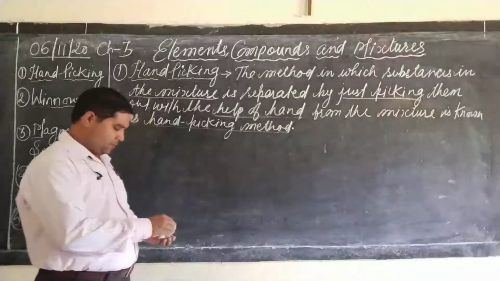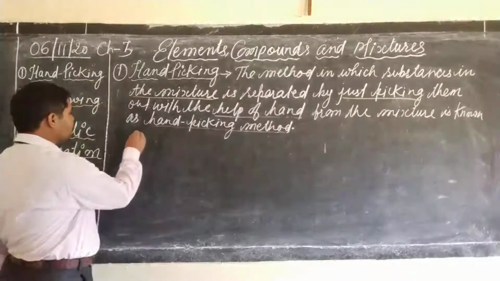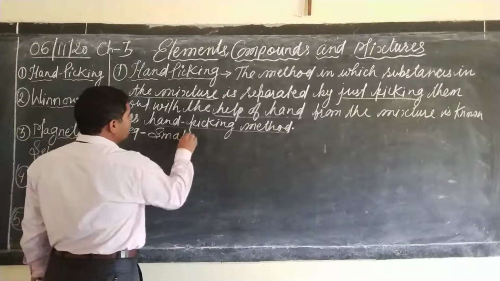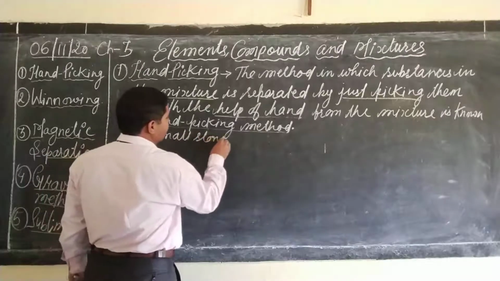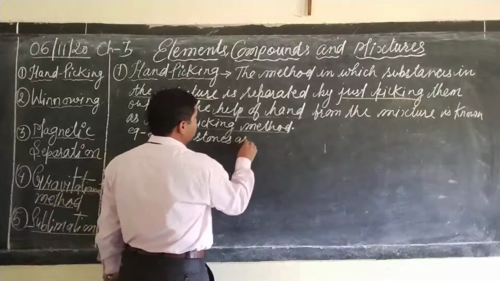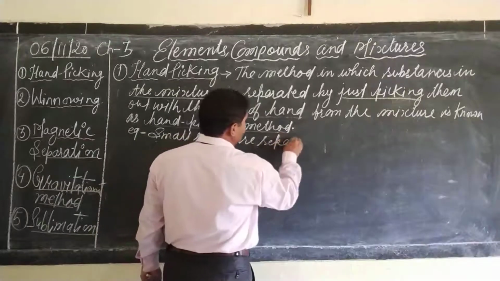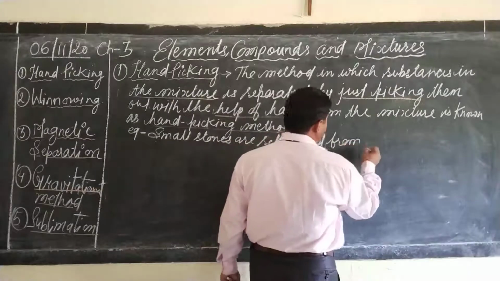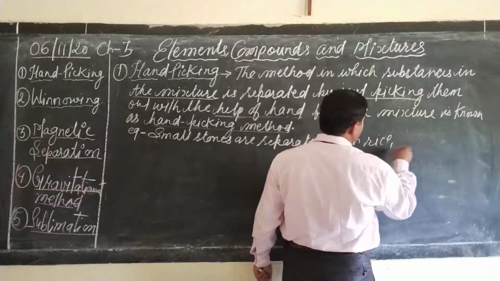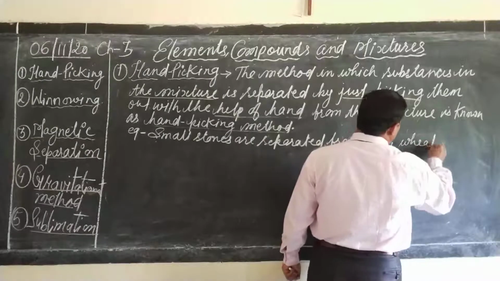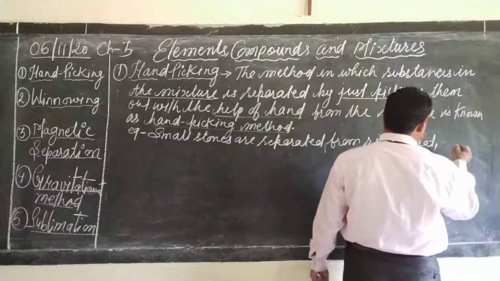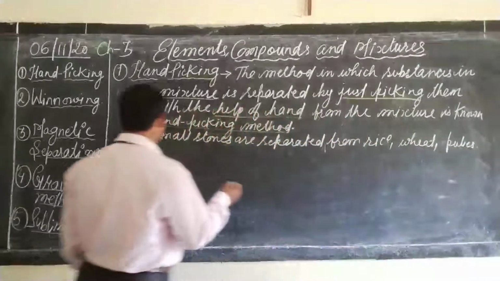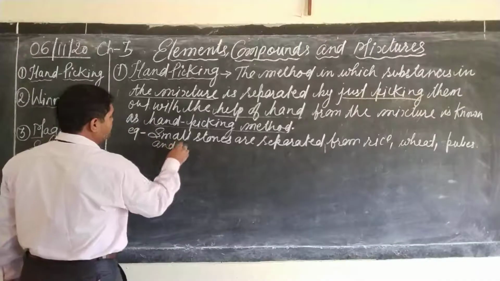By this method, for example, small stones are separated from rice, wheat, pulses and spices.